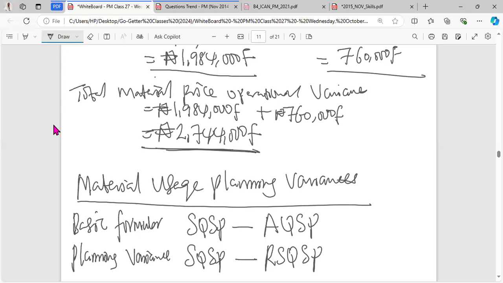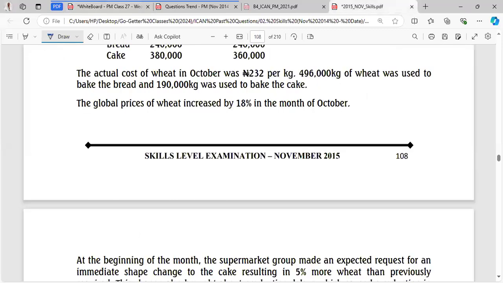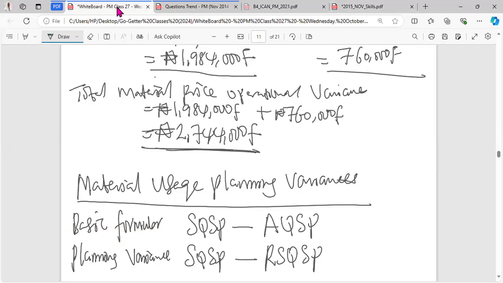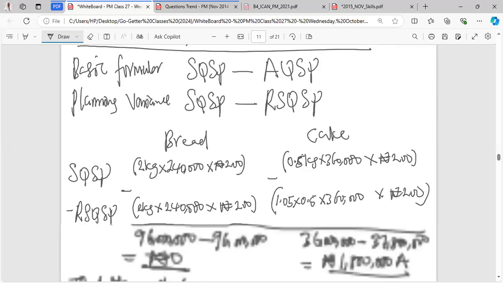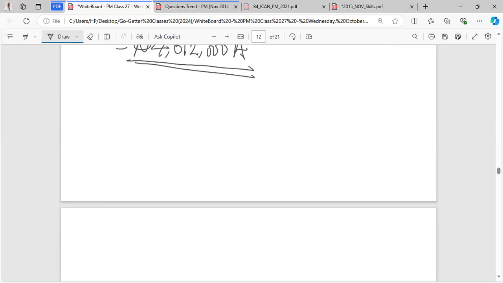So we have done this question to the end, and someone will say how should I take the operational again. So look at what I usually say when you want to do your variance.